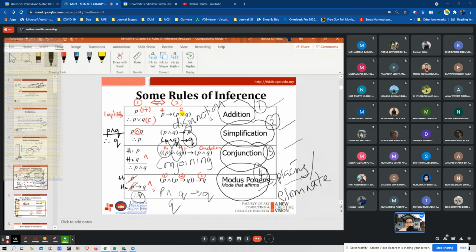Atika okay? Modus ponens, do you understand? It is placing by replacing the conjunction. We have H1, hypothesis 1 and hypothesis 2 is the same, and then we replace, we eliminate.